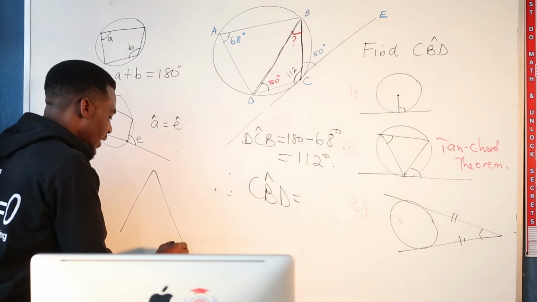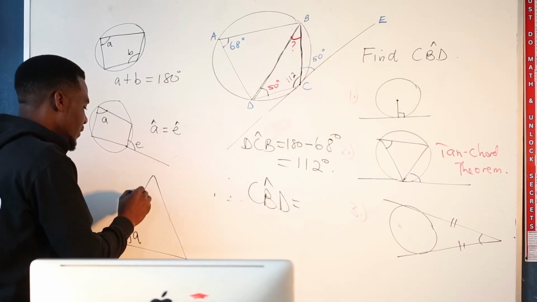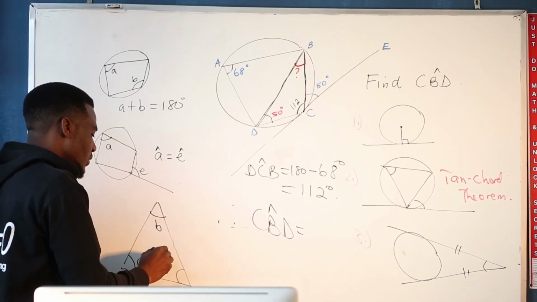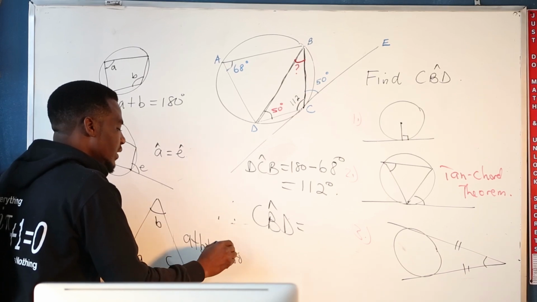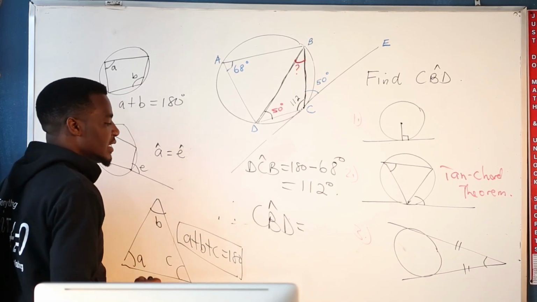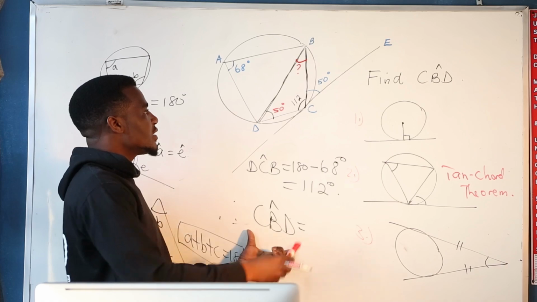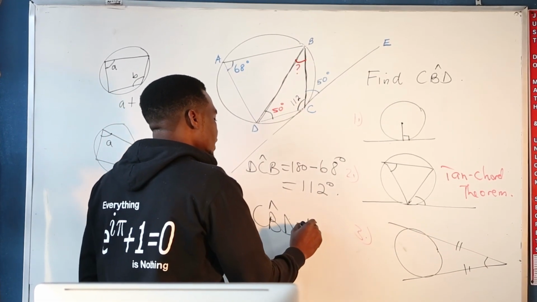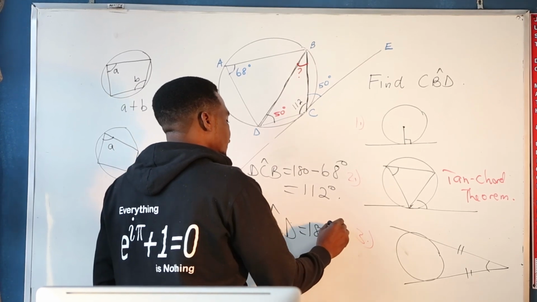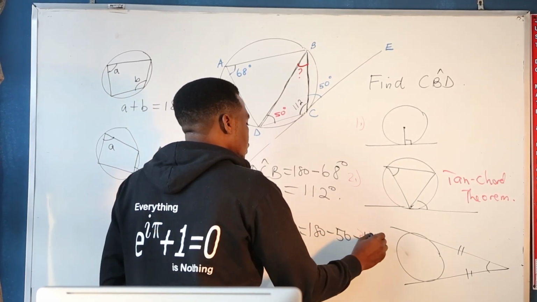If you have a triangle like this, and you know this angle, and this angle, and this angle, and you add all those angles together, all you get is 180 degrees. So here, to calculate angle CBD, we can now say 180 minus 50 minus 112.